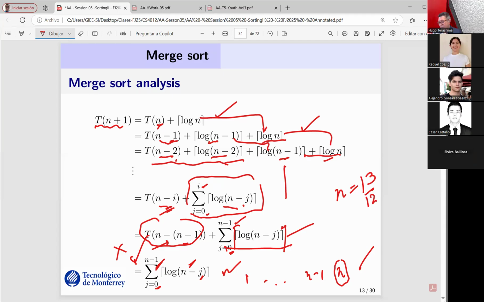Remember, log base 2 of that number, ceiling. So for 13 it's going to be 4, for 12 it's going to be 4, for 11 it's going to be 4, for 10 it's going to be 4, for 9 it's going to be 4.